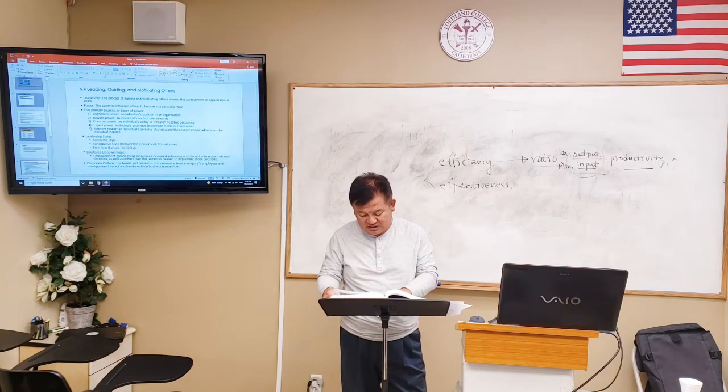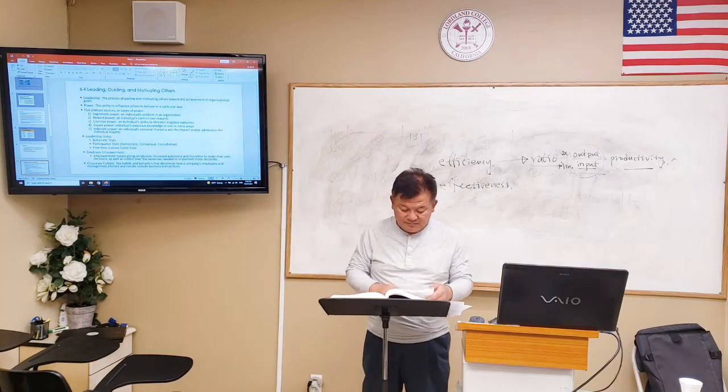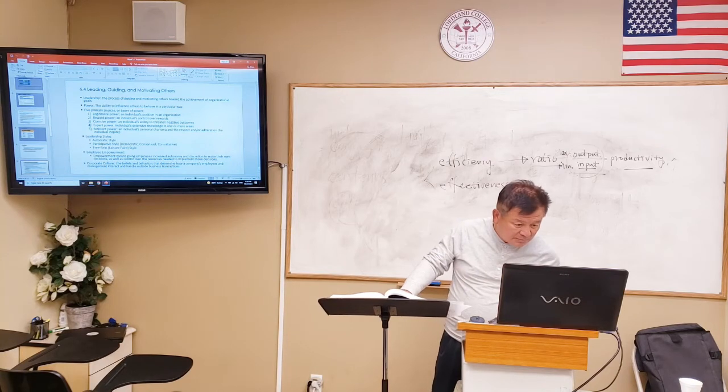Autocratic leaders are directive leaders, allowing very little input from subordinates. These leaders prefer to make decisions and solve problems on their own and expect subordinates to implement solutions according to very specific and detailed instructions. This is autocratic leadership.